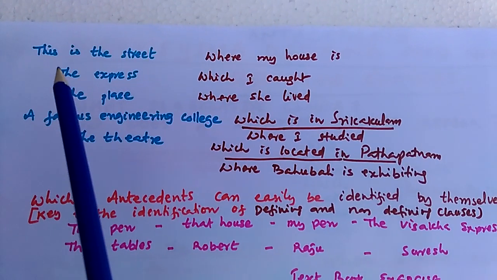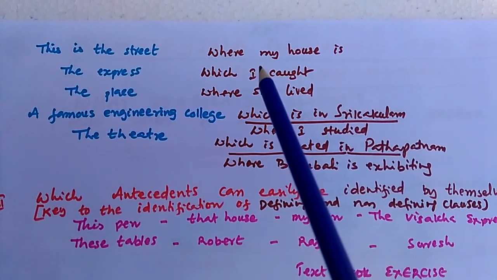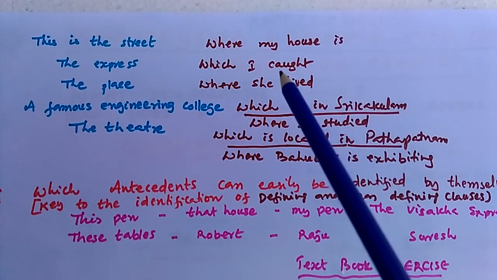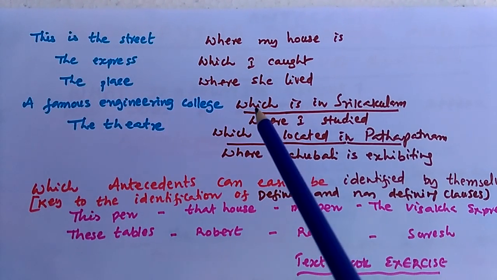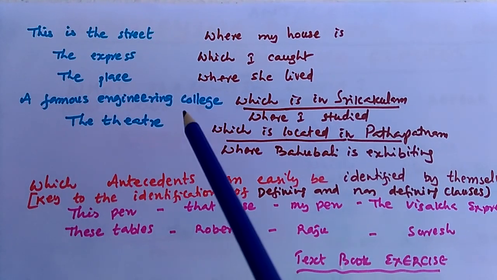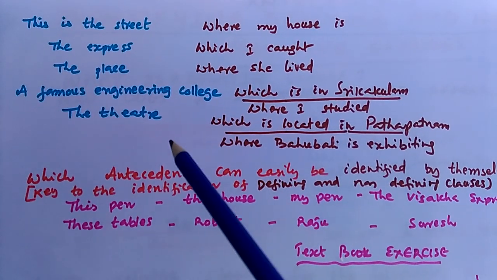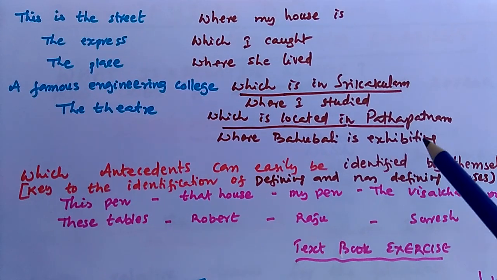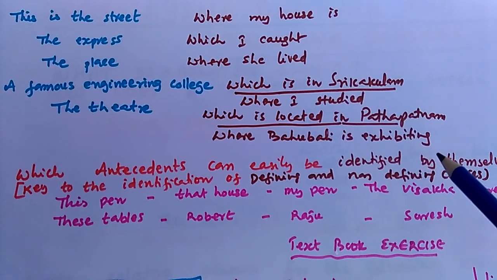Here are some more examples. This is the street, an antecedent, where my house is, a relative clause. The express which I caught, the place where she lived, a famous engineering college which is in Srikakulam or where I studied, the theatre which is located in Pathapatnam or where Bahubali is exhibiting.